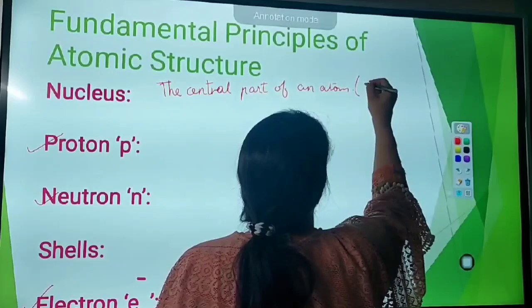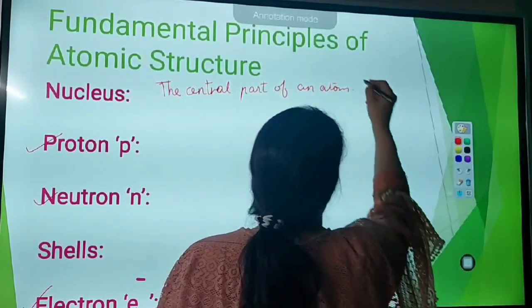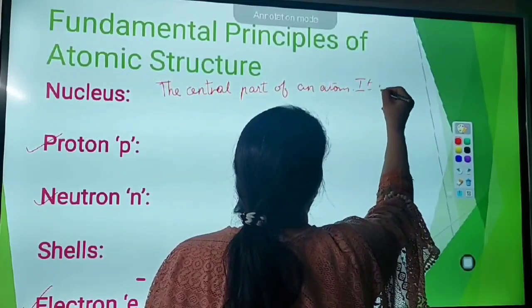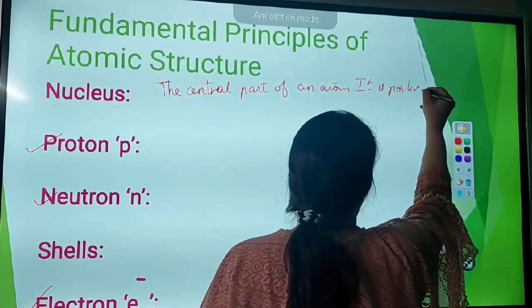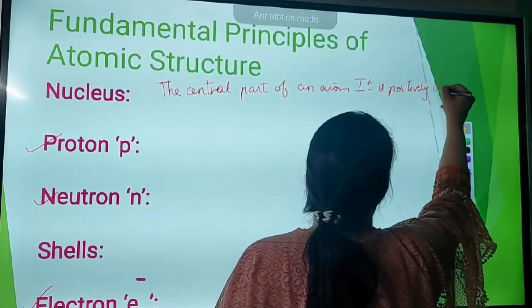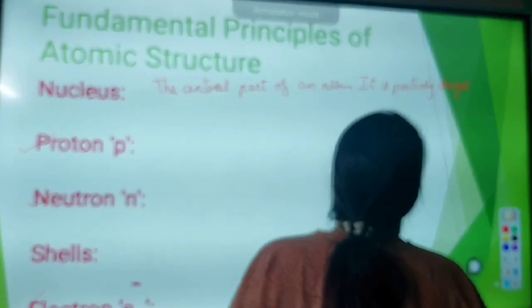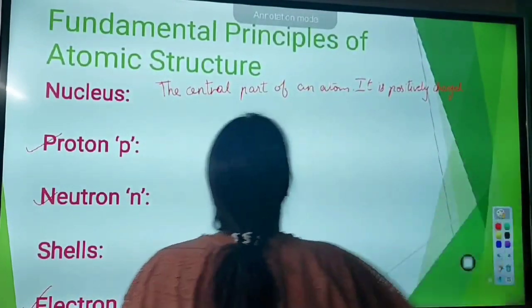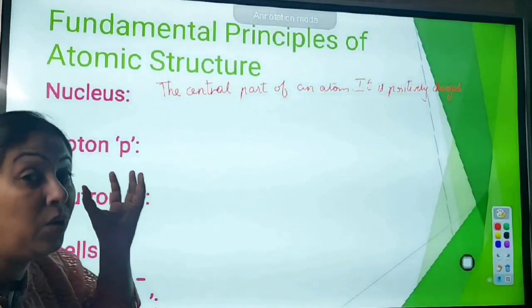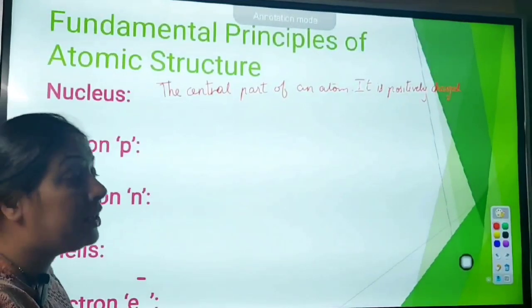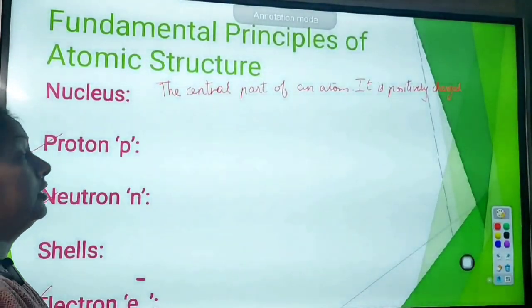It is positively charged. Okay. It's not very easy to break the nucleus and bring out the inner particles. It's not easy to bring out the protons and the neutrons from the nucleus.